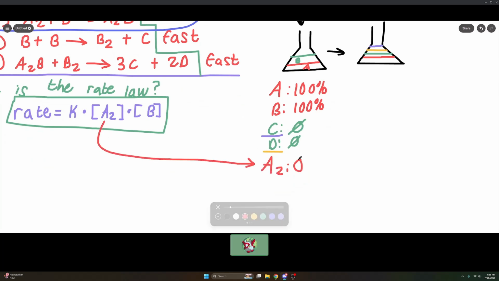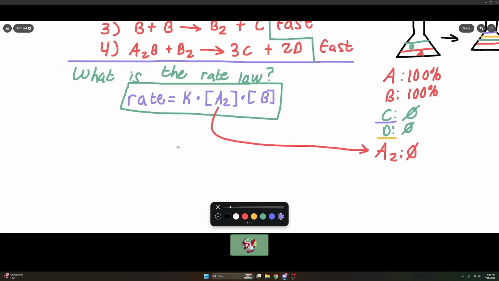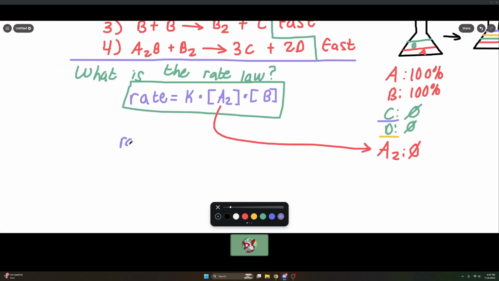There is none of him. So at the beginning of my reaction, if I were to use this as my rate law, rate equals K, let's say my K was hypothetically 10, it'd be 10 times concentration of A2, there's none at the beginning, so 0 times B, which let's say I had 10, my rate would equal 0 because I have no A2.